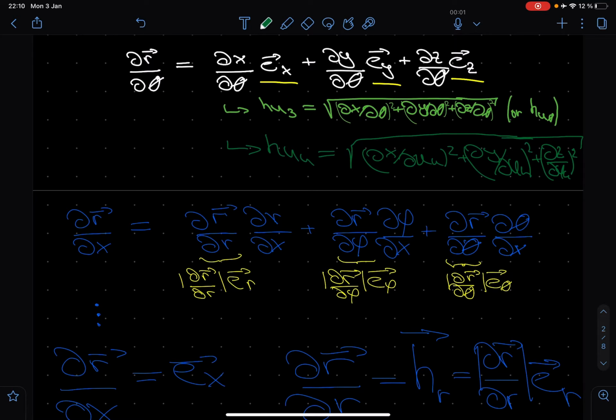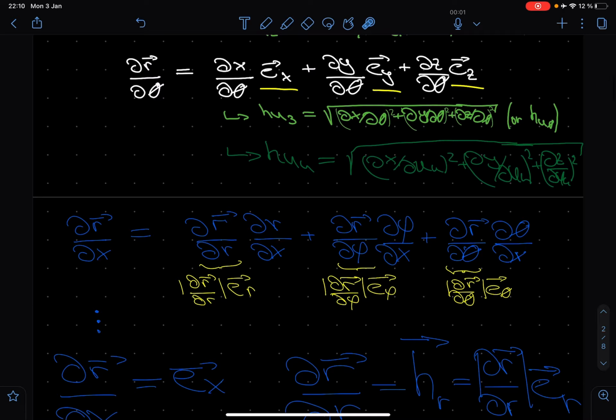And this here is the scalar factor which I told you, which is important to know if you want to find out the derivation of dx with respect to the new coordinate system.